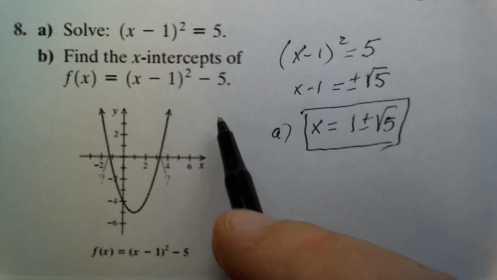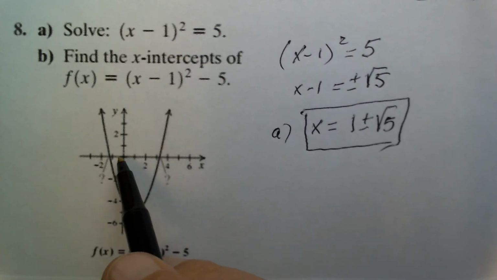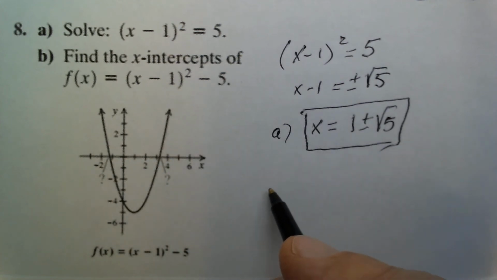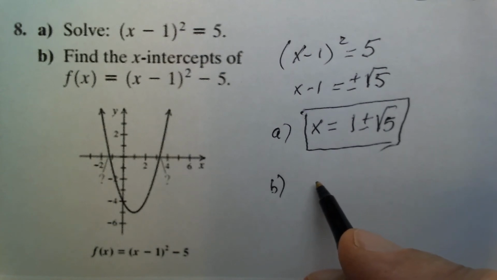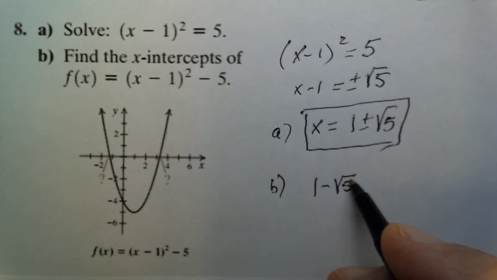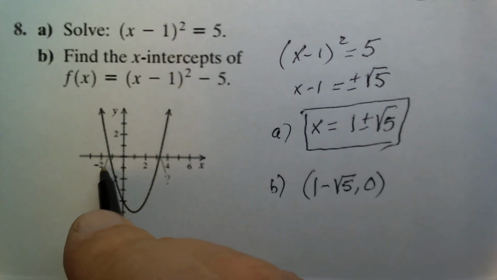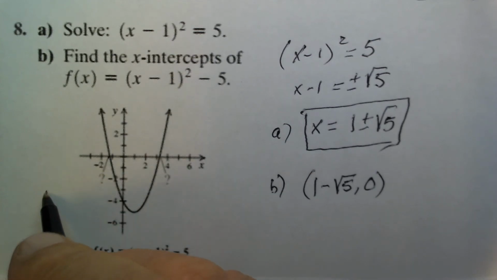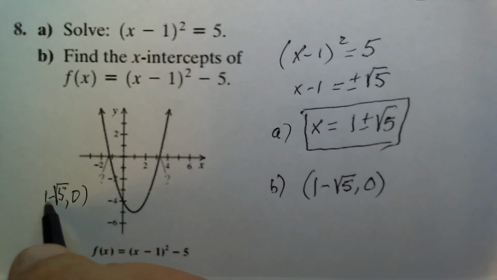For the B part, we are asked to find the x-intercepts of this graph here. So in other words, we have the x coordinate for the intercept as 1 minus the square root of 5, comma 0.